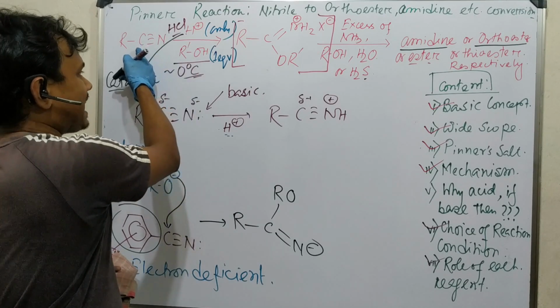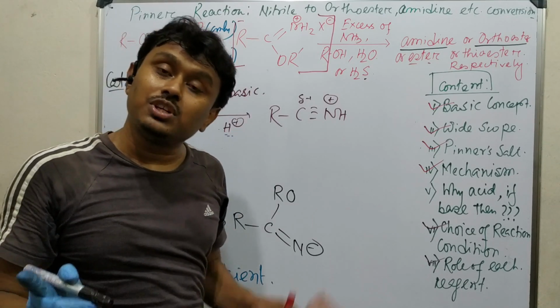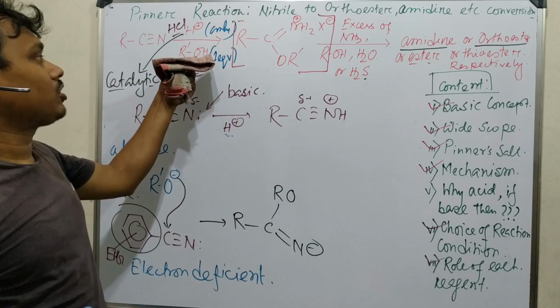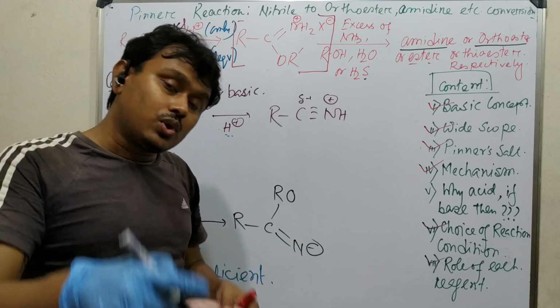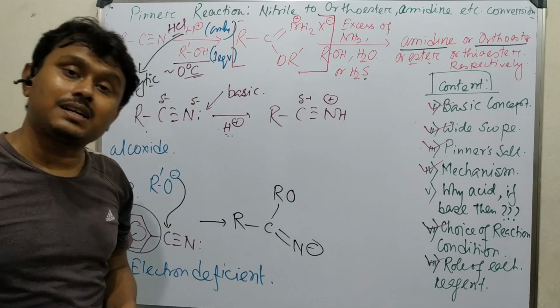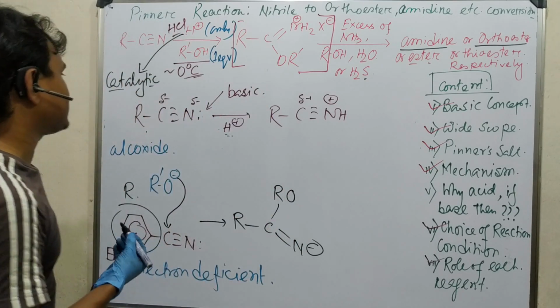Then ROH attacks, and again ROH releases one proton, because this oxygen cannot carry a positive charge, it's not stable, so oxygen releases the proton. In this way the proton number balances and the acid is actually acting as a catalyst. A catalytic amount of acid is efficient.